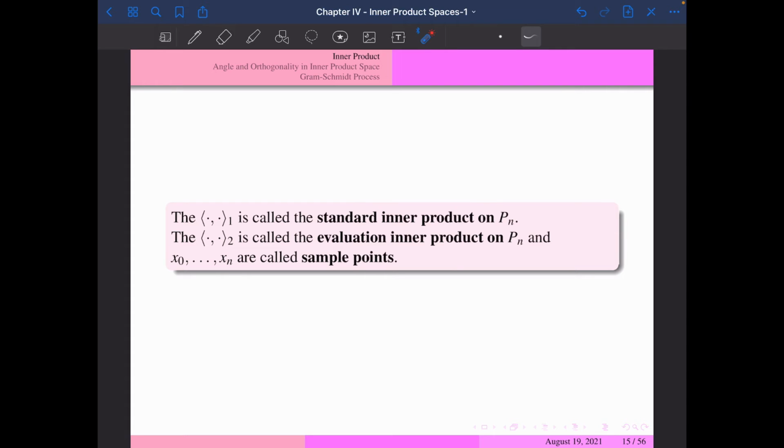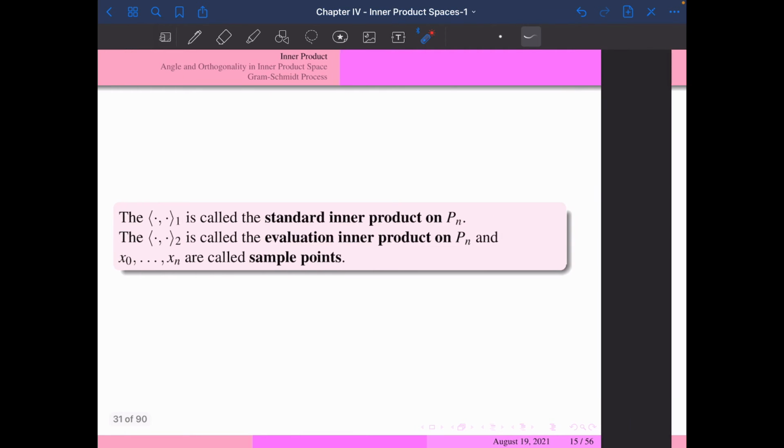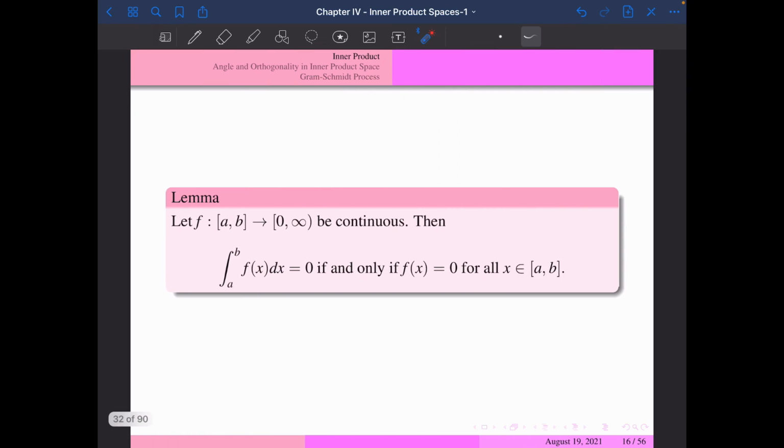Okay, next we will move to the function space. What is the inner product on the function space? But before we prove this, I will give you a lemma that is very useful.